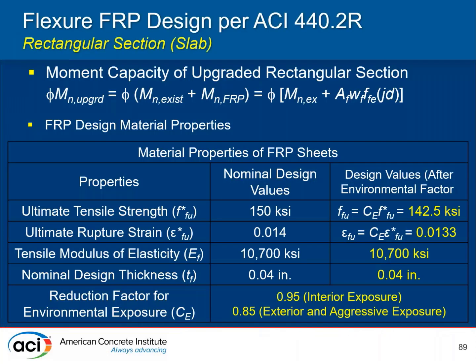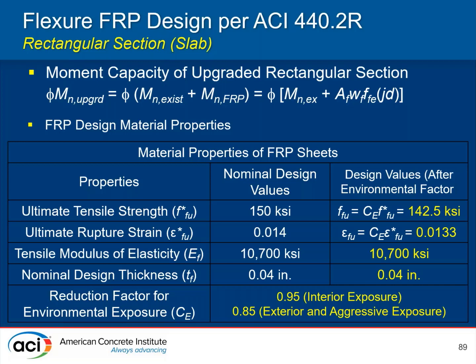The idea represented by this example is to use FRP design in accordance with 440.2, where essentially the upgraded moment capacity is going to be the existing moment capacity plus that provided by FRP.